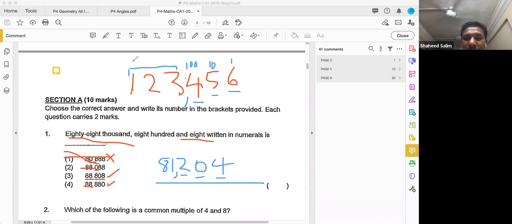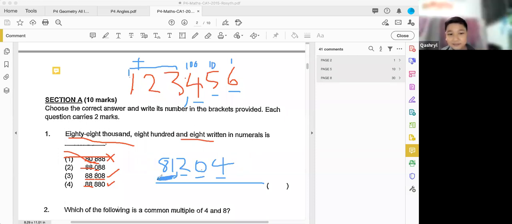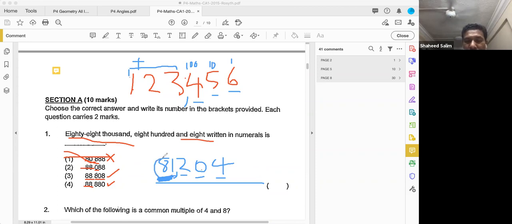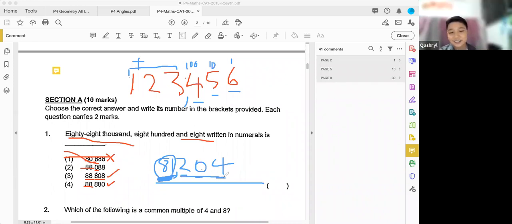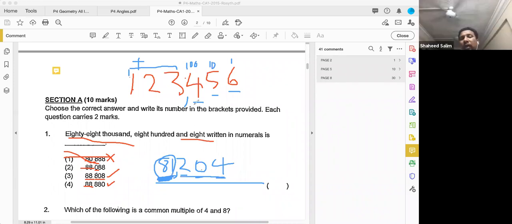So the second one is all thousand now. How many thousand is this, Putra? How many thousand down here? 81,000. What number is this? 812,204. Okay, now we try the next one.